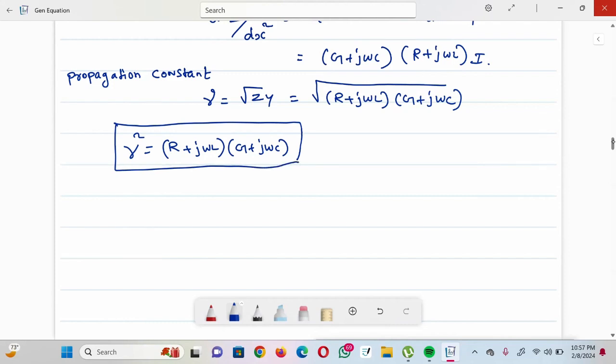Now we need to apply this value in equation number 3.